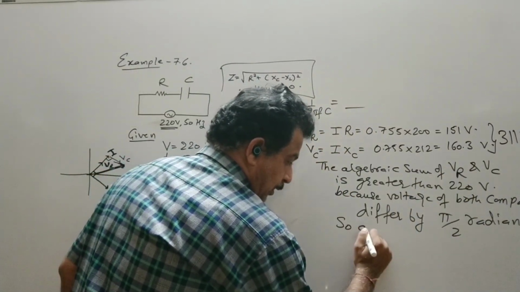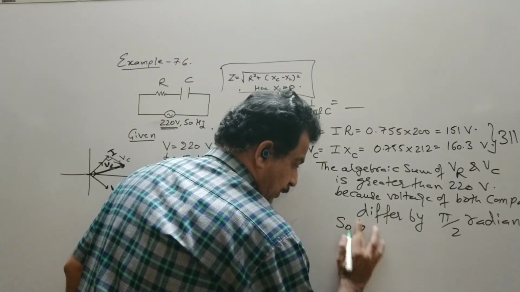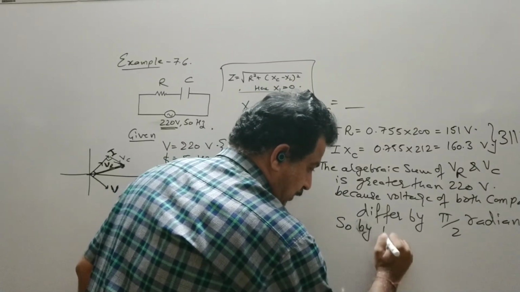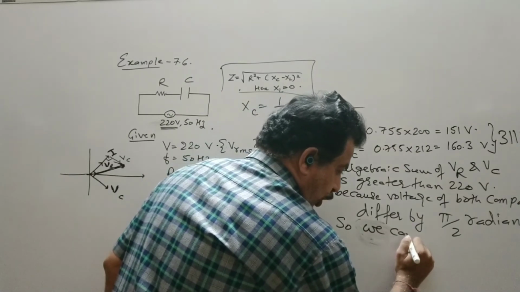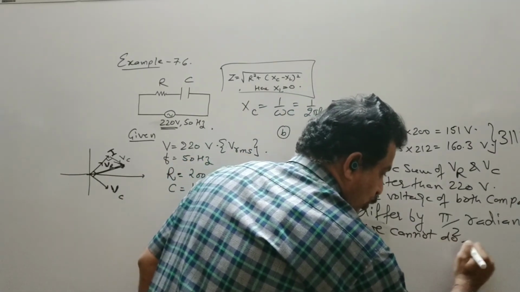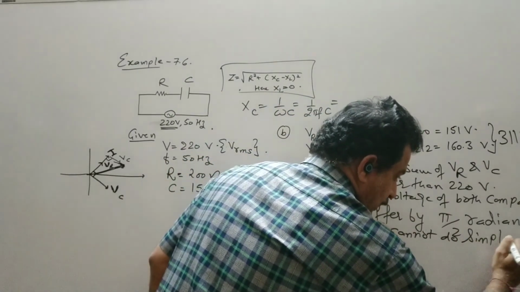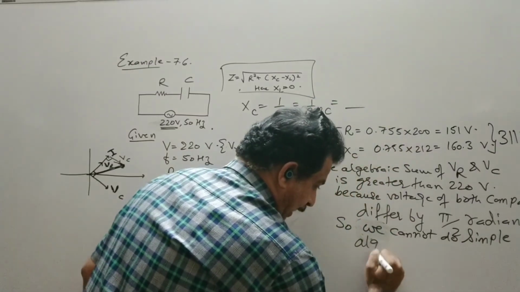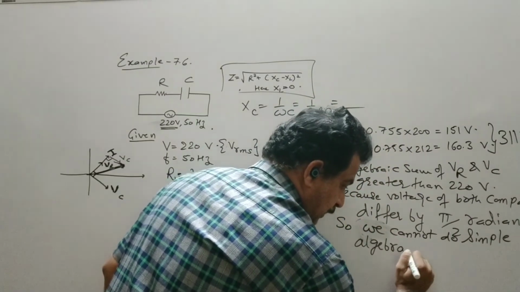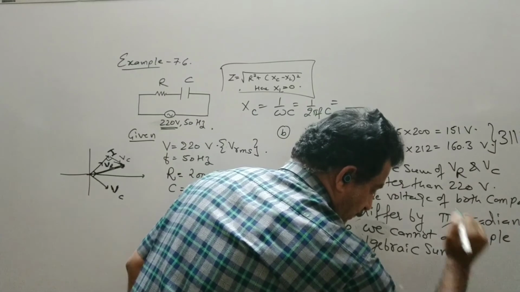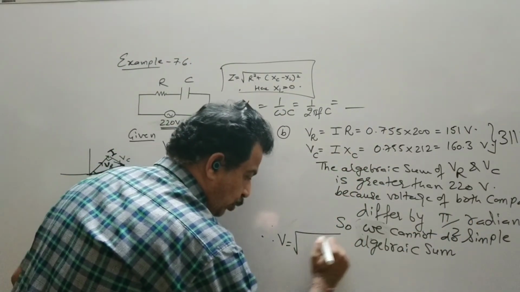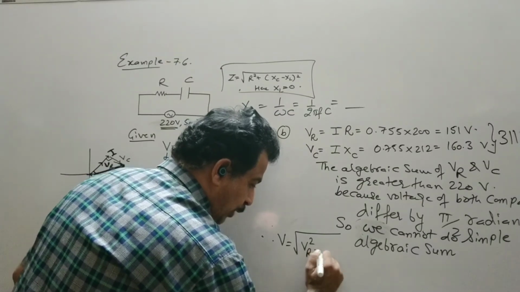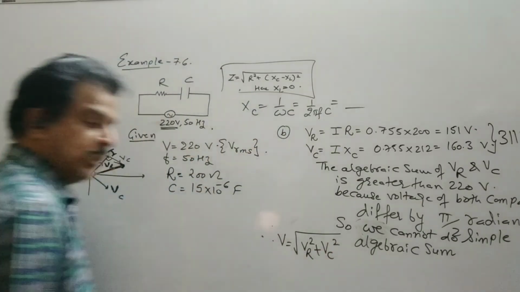So by Pythagoras theorem, we cannot do simple algebraic sum, and therefore we have to take V is equal to under root VR square plus VC square.